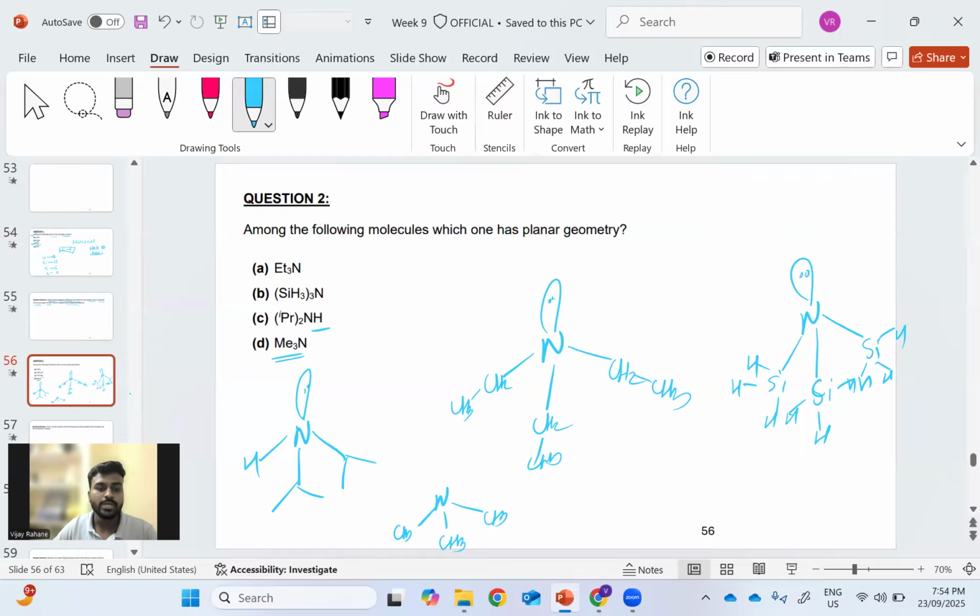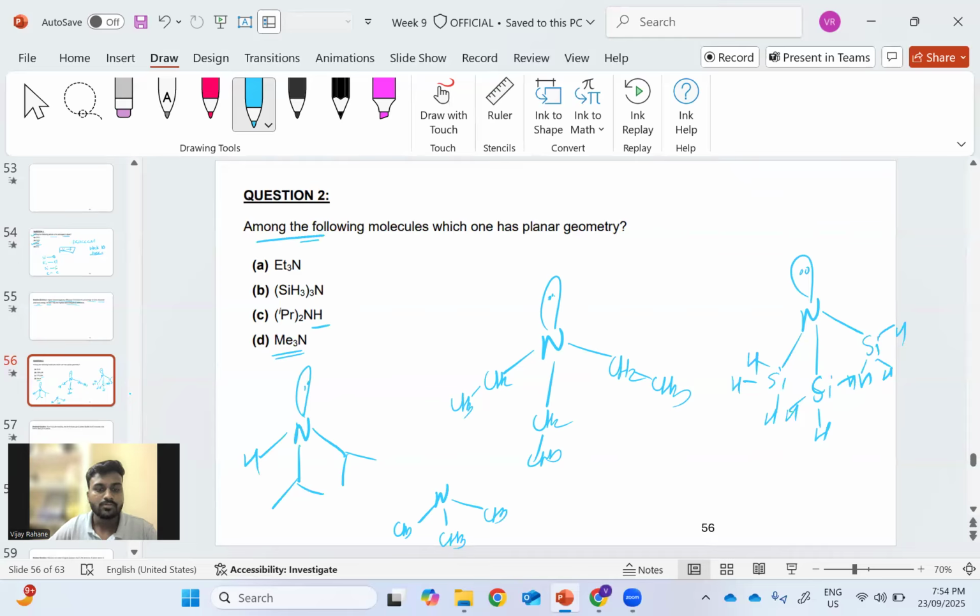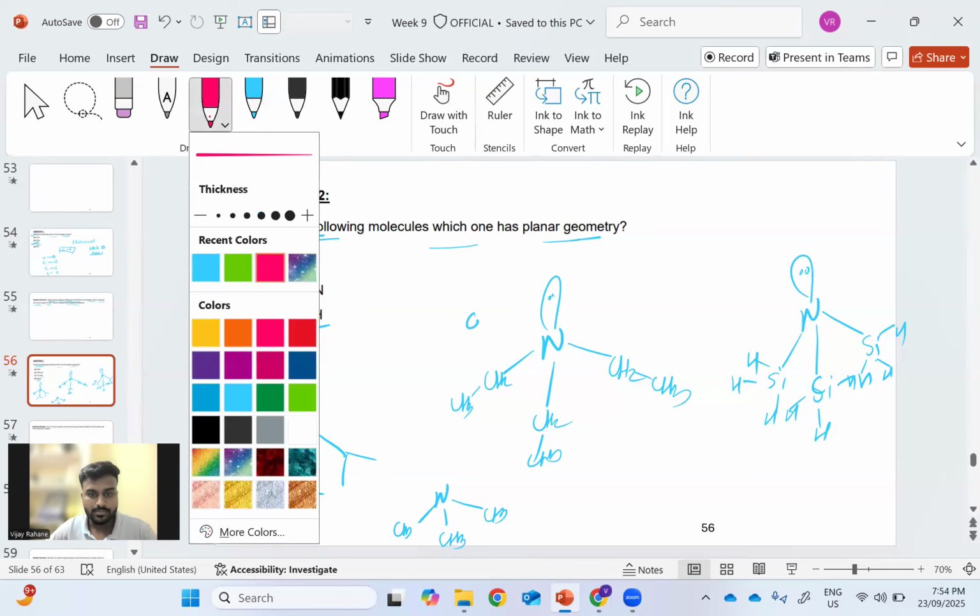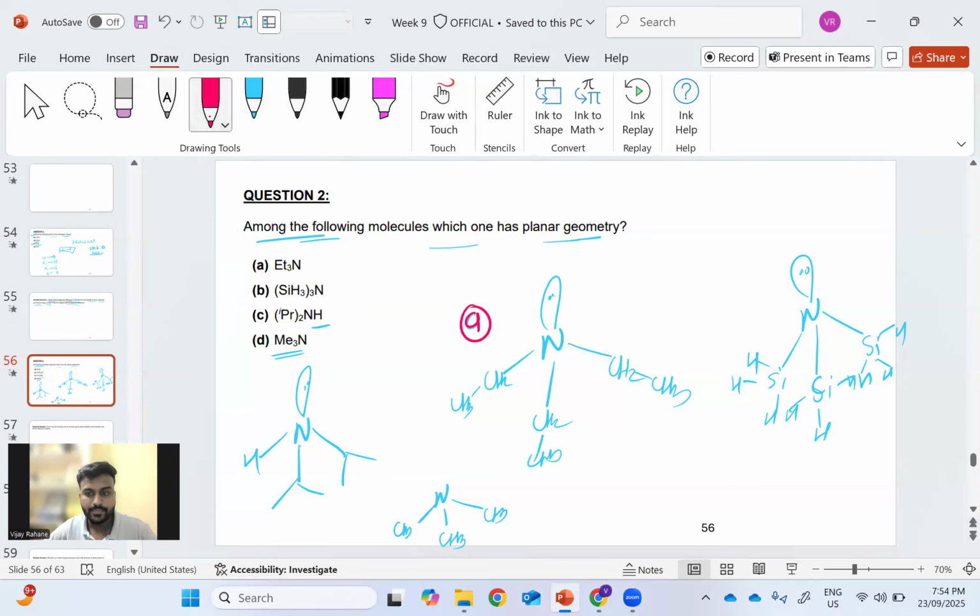So in all these cases, we look at which has planar geometry. I will label them for better understanding. If I label them A, B, C, and D, this methyl group doesn't create much steric load compared to all the others. Therefore, D has less planar geometry.